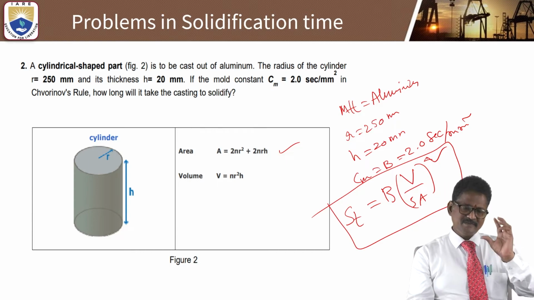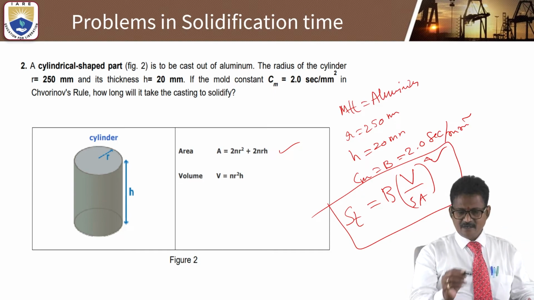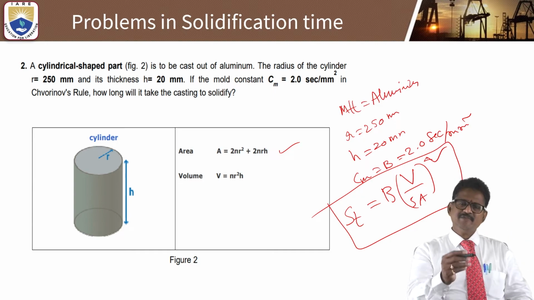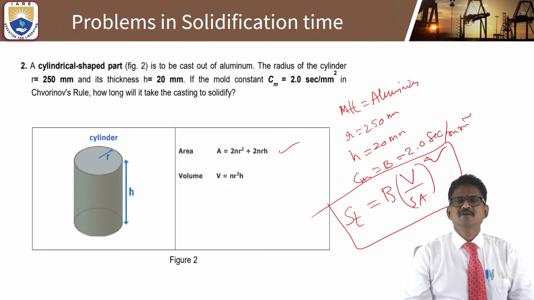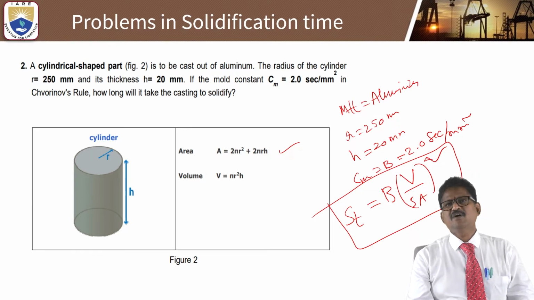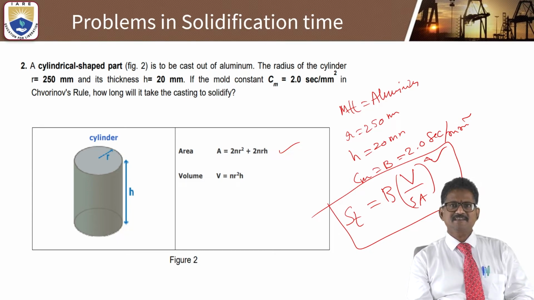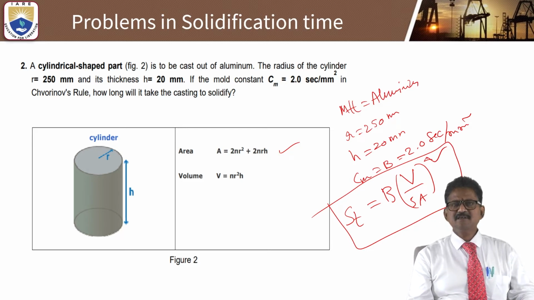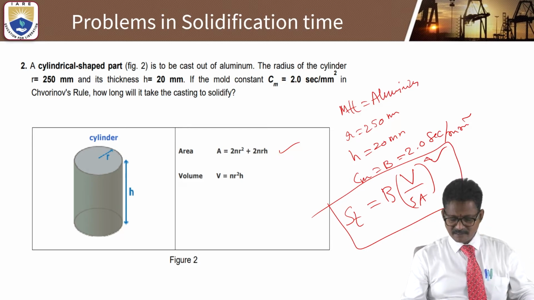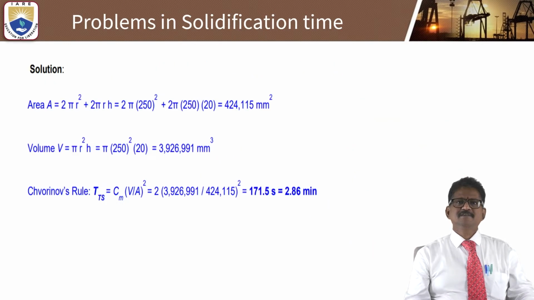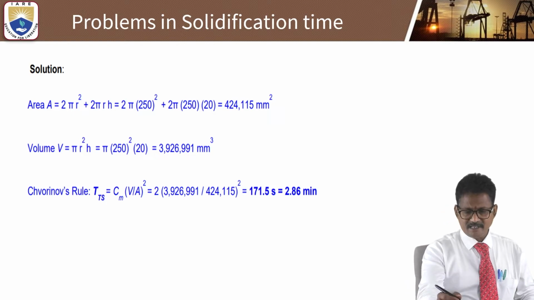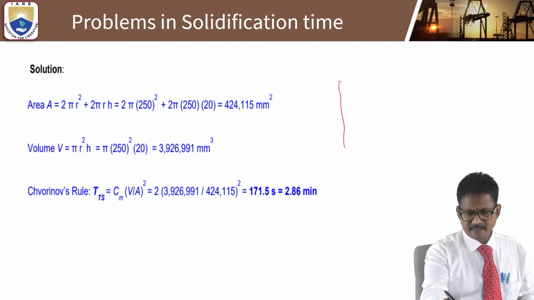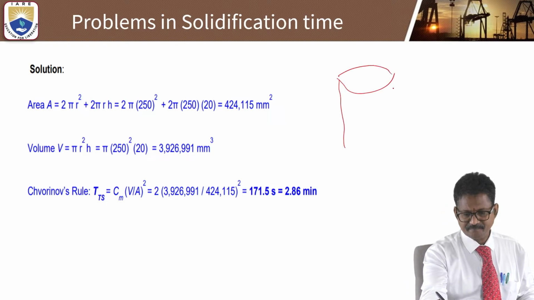Coming to the volume of the cylinder, it is pi r square h, where r is the radius of the cylinder and h is its thickness. So this is the problem, and how we can solve it. Clearly look at it. The solution is, first we should determine the area of the cylinder. For example, we can take this as a cylinder.